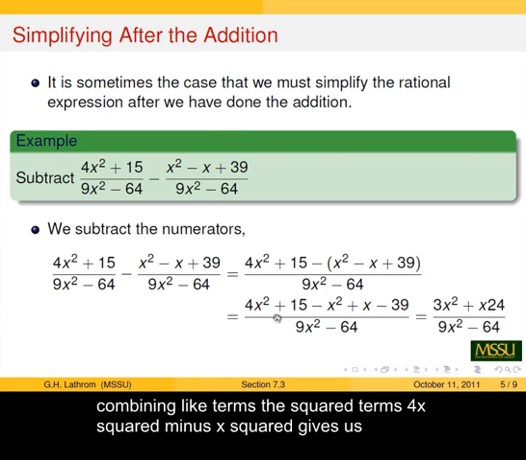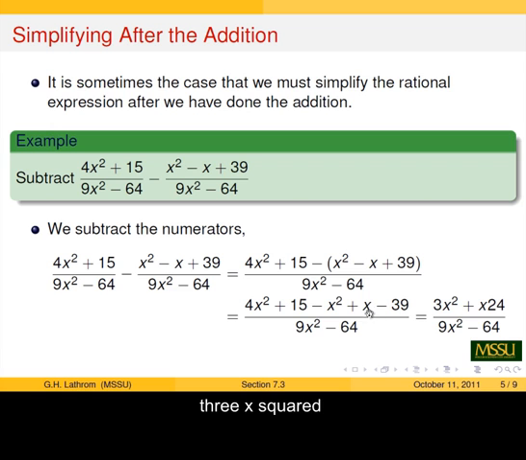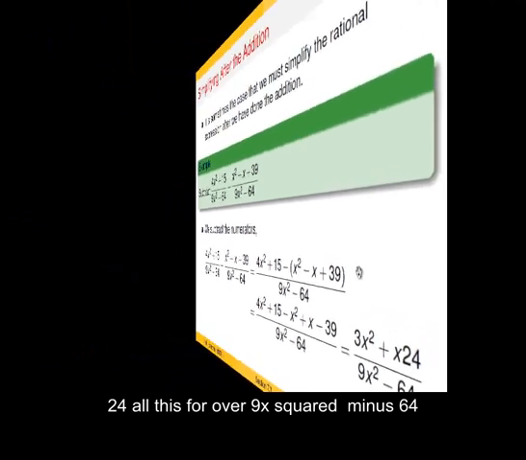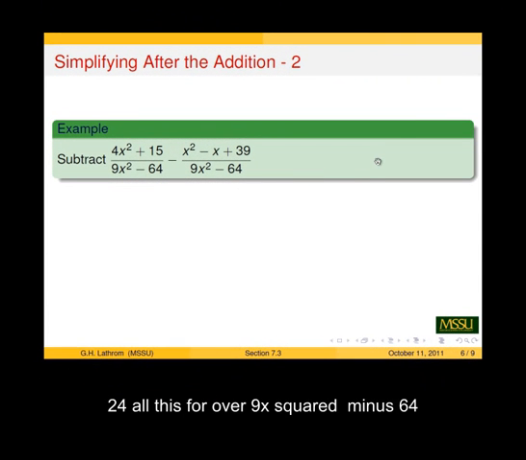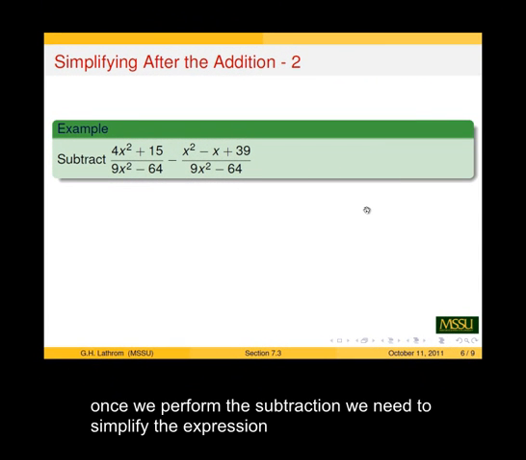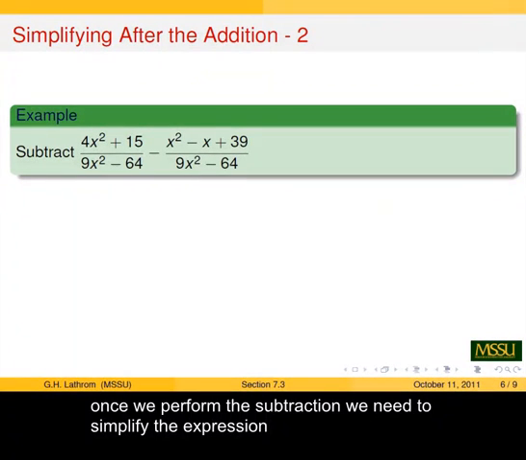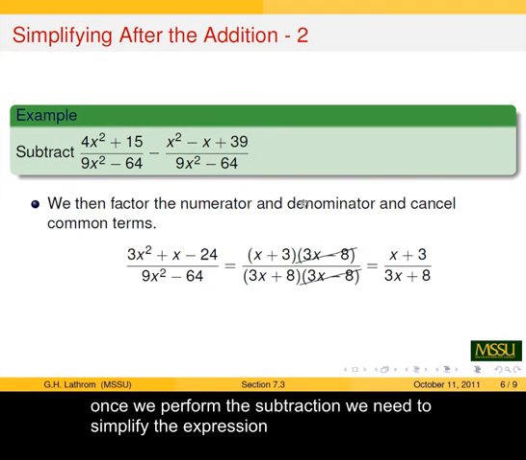Combining like terms, 4x squared minus x squared gives us 3x squared plus x, and then minus 24. All of this over 9x squared minus 64. Once we perform the subtraction, we need to simplify the expression.